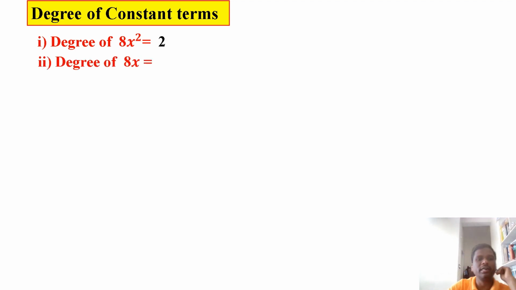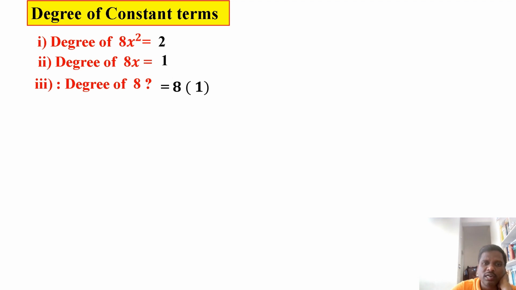Now, how to find the degree of constant terms. Example number 1: the degree of 8x square is 2, the degree of 8x is 1, and the degree of 8? Now 8 is expressed as 8 into 1. 8 ones are 8, so we get the same term 8.